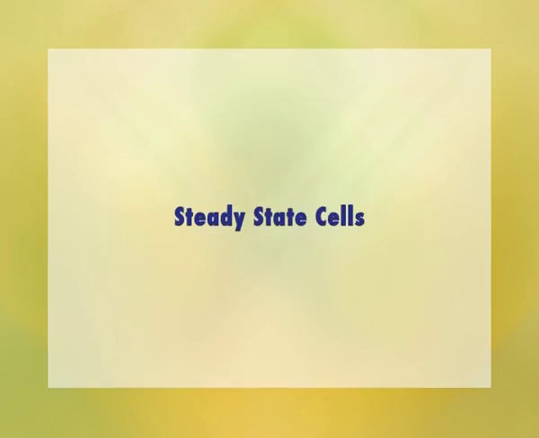Fifth, steady state cells. The figure shows the steady state cells along the diagonal from the upper left to the lower right. If these cells are heavily loaded, it shows that the teacher remains in a particular category for more than 3 seconds.